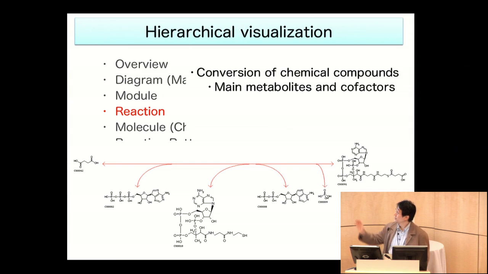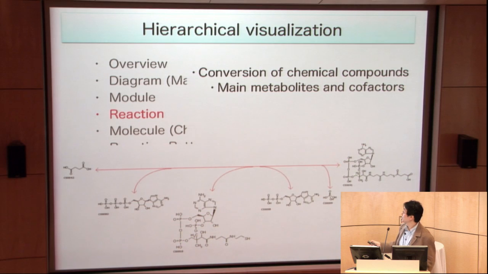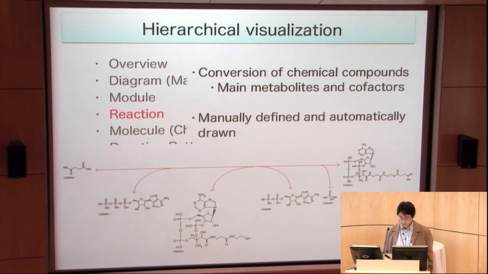And we define the main metabolites and cofactors like this one and this one for the main metabolites, and this one the cofactors, basically based on the KEGG pathway diagram.